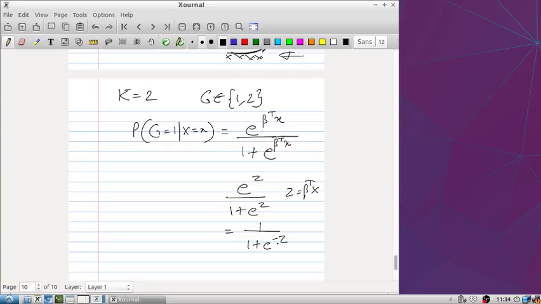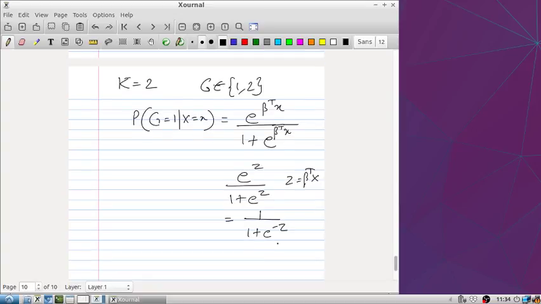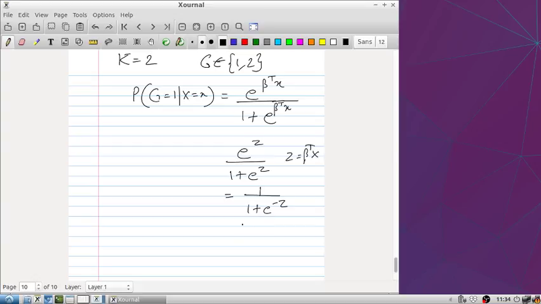Now this function is called a sigmoid function, and it looks like this. It's a function of z, going from 0 to 1. Let's say z is minus infinity.